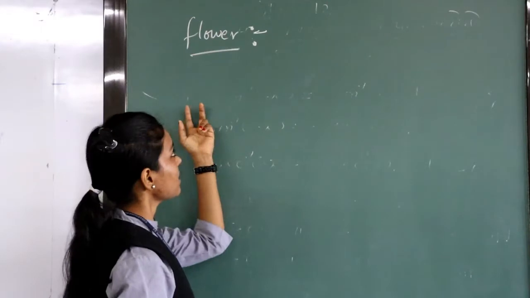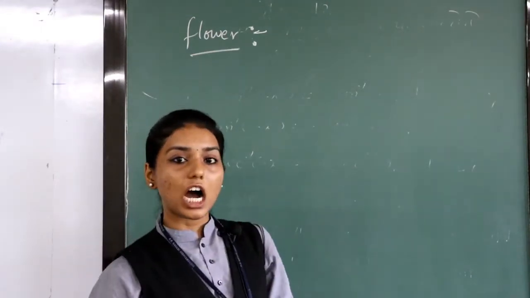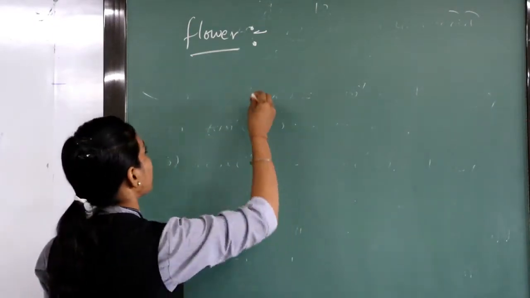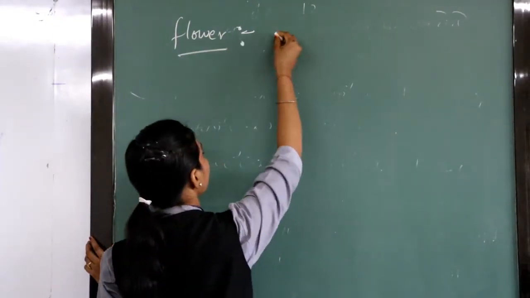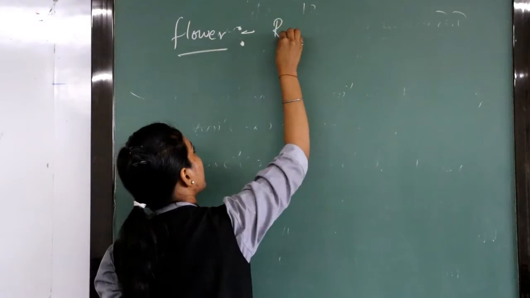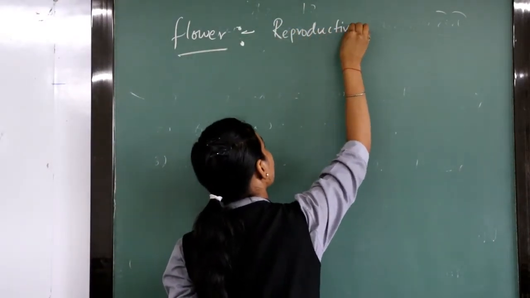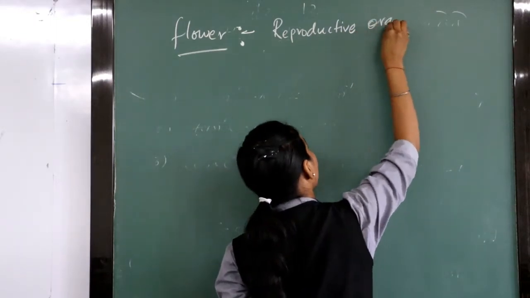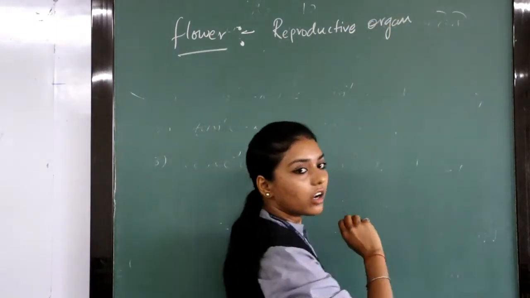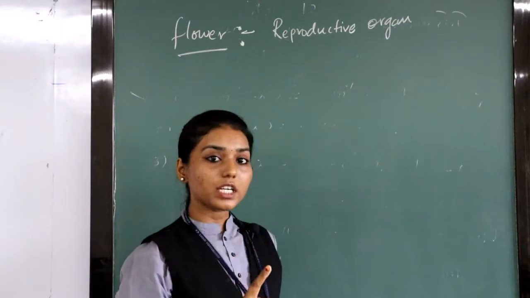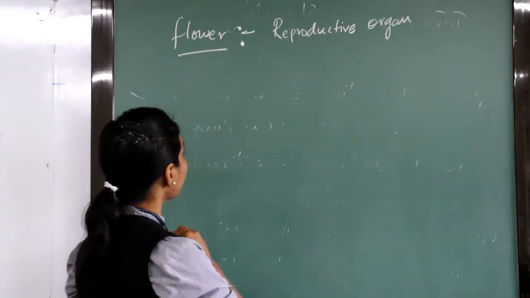In 10th standard also we have a chapter named How Do Organisms Reproduce. Flower is a reproductive organ of a flowering plant.